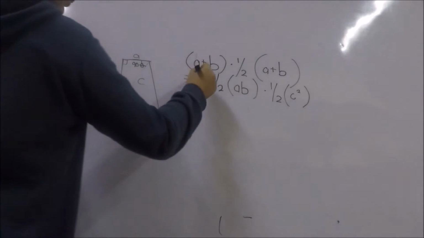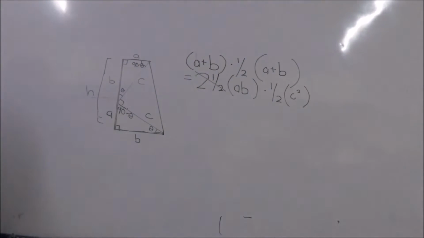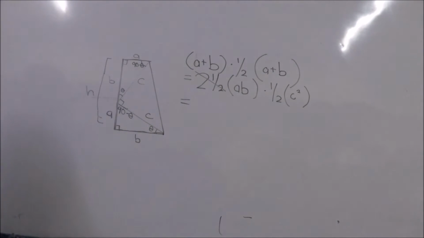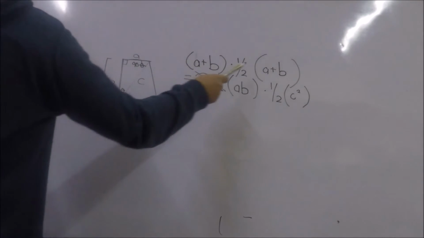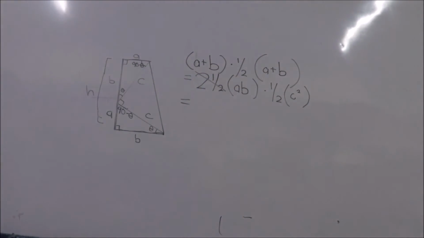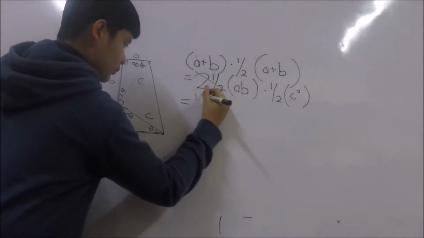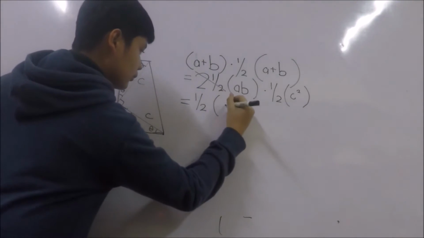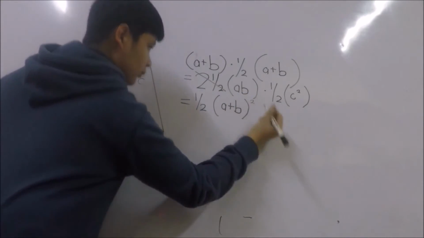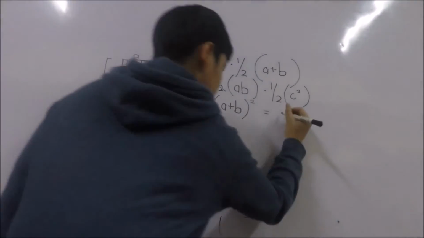We also add the big triangle, the one with two side C's. To find this, it will be 1/2 C squared. Now if we simplify this, we will get 1/2 (A plus B) squared equals AB plus 1/2 C squared.